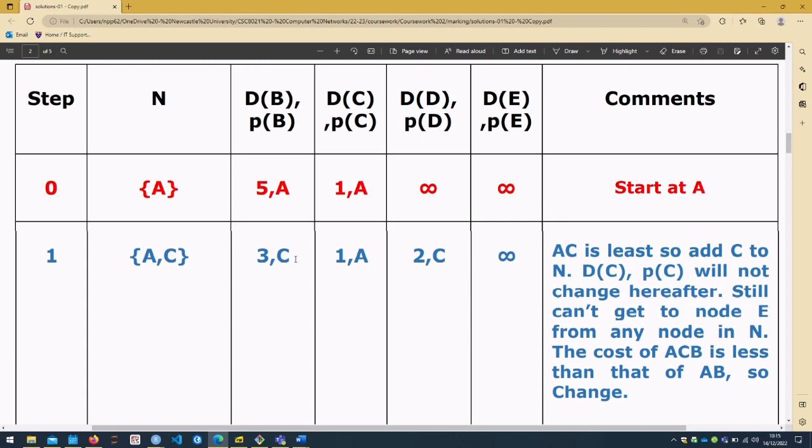From C, we can see D. We know the total cost is 1 plus 1, 2 via C. So A can get to D via C with a cost of 2, or it can get to B via C with a cost of 3. It doesn't see E yet, so that stays at infinity because C doesn't see E.